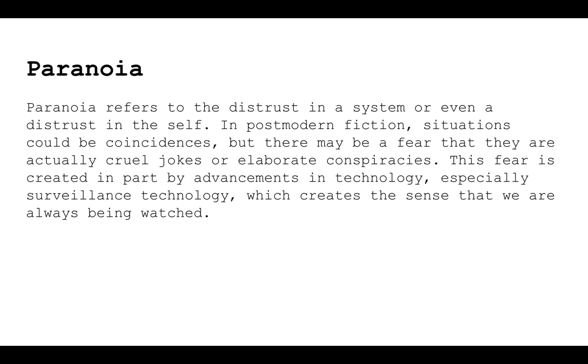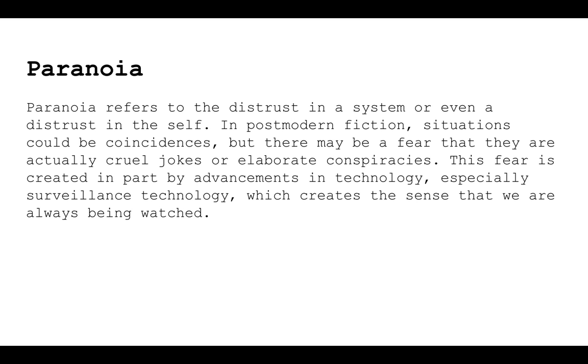Paranoia is what it sounds like. It's just distrusting a system, or this goes back to opposition to authority, distrusting authority. The main thing I would say is different between opposition to authority and paranoia is that paranoia doesn't have to be about authority, but if it is about authority, a lot of times there's a real fear of authority.